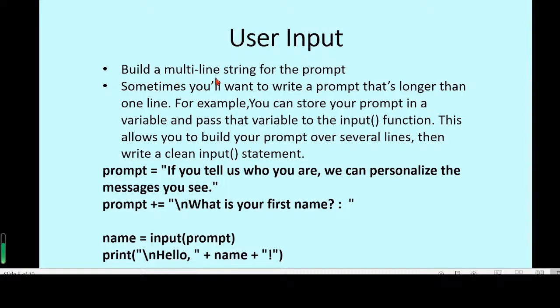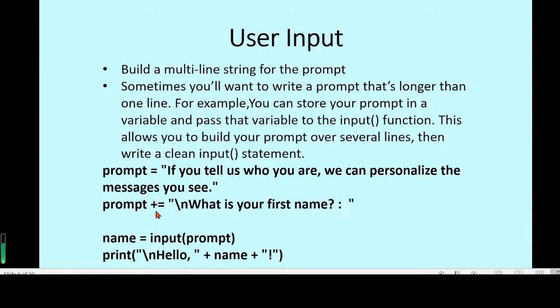And build a multi-line string for the prompt. Sometimes you will want to write a prompt that's longer than one line. For example, you can store your prompt in a variable and pass that variable to the input function. This allows you to build your prompt over several lines, then write a clean input statement. For example, we can store the prompt first with this message: if you tell us who you are, we can personalize the messages you see.